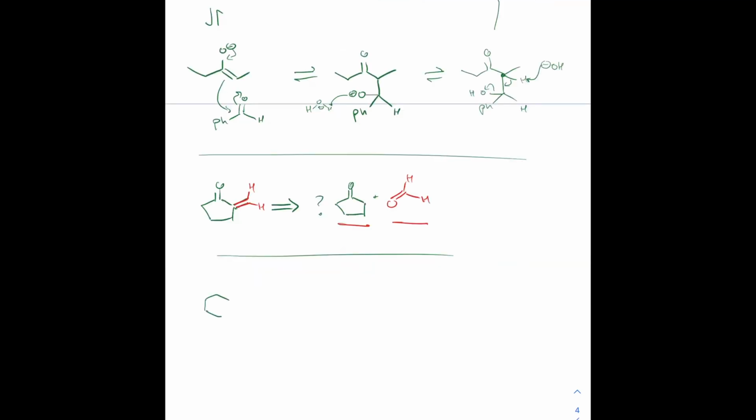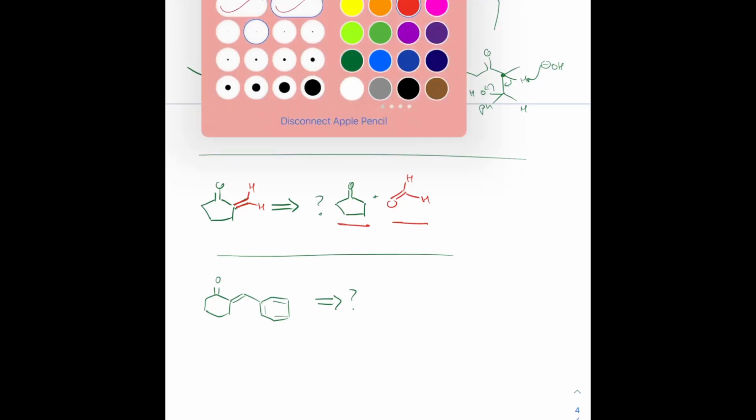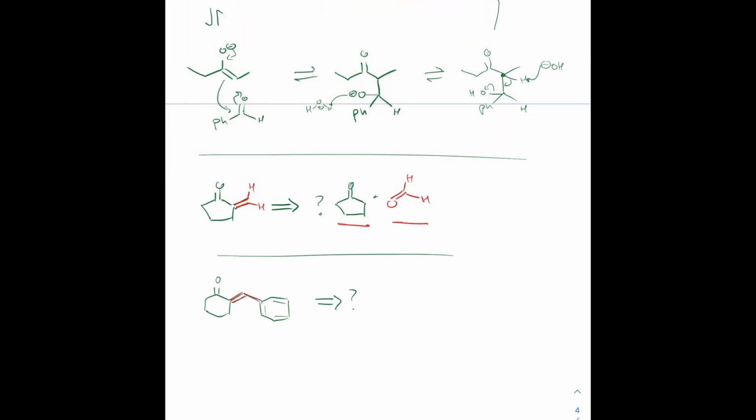All right, so let's try another example, and let's just draw that out here. I'm not going to name that. What do you think this came from? So let's pause it, whatever you've got to do to try and figure this out on your own.